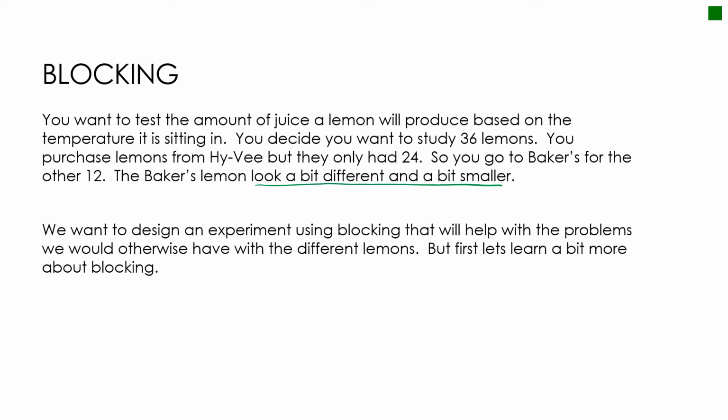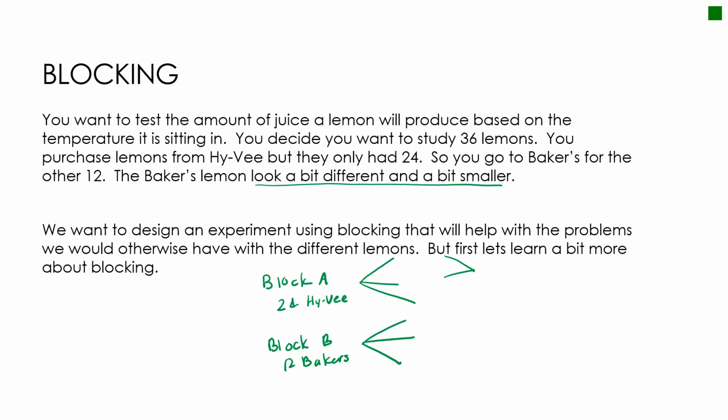And therefore, when I design my experiment, I'm going to have a block that has my 24 Hy-Vee lemons, and a block that has my 12 Baker's lemons. When I do my experiment, I'm going to do the same experiment for each block, but when I get to the end, I'm going to compare only the Hy-Vee lemons with the Hy-Vee lemons and only the Baker's lemons with the Baker's lemons.